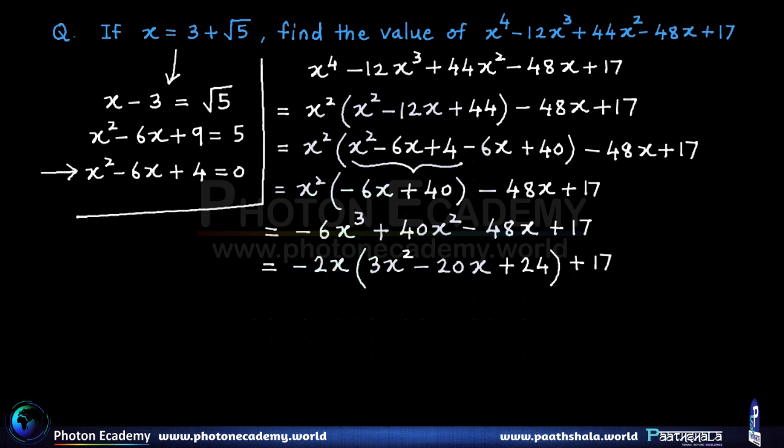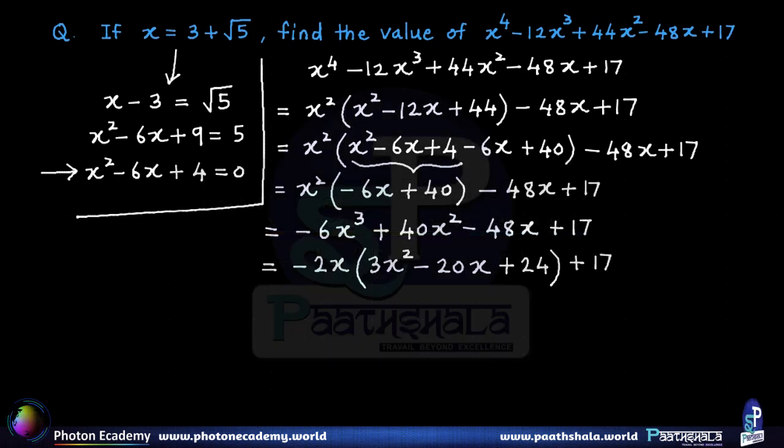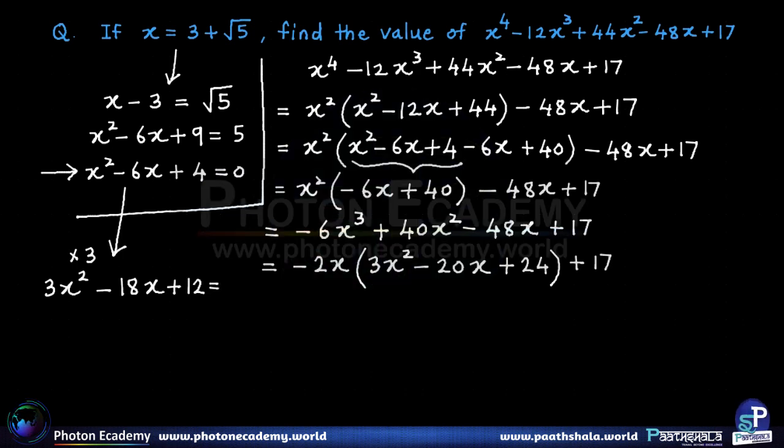So see, now here we have a coefficient other than unity for x square. So that means we must also find the corresponding expression, which is nothing but if we multiply this particular equation by 3, we get 3x square minus 18x plus 12 equal to 0. So let us adjust this particular expression now.